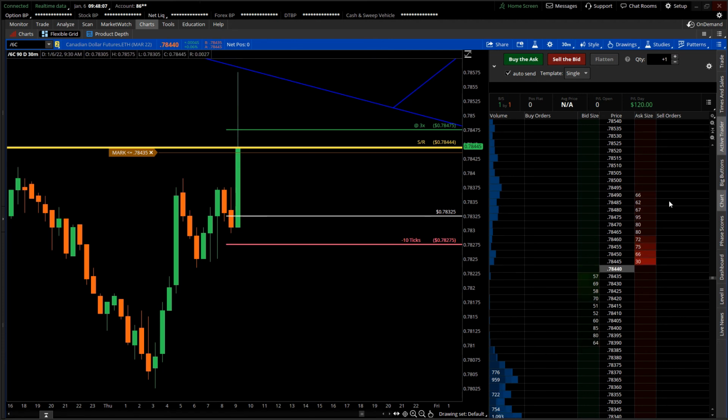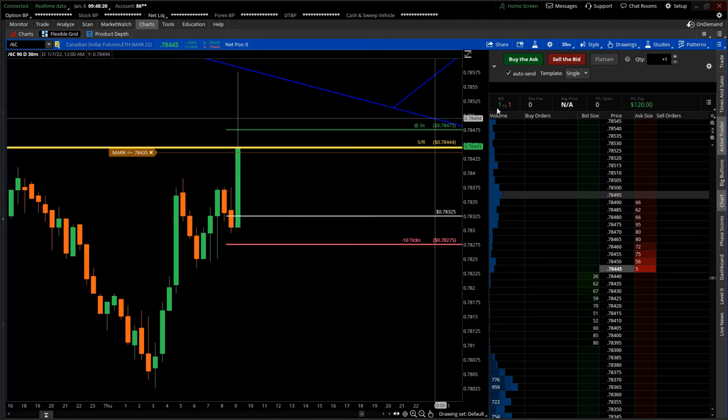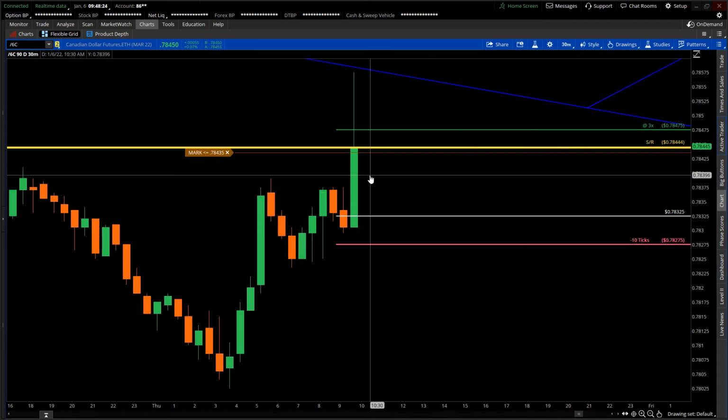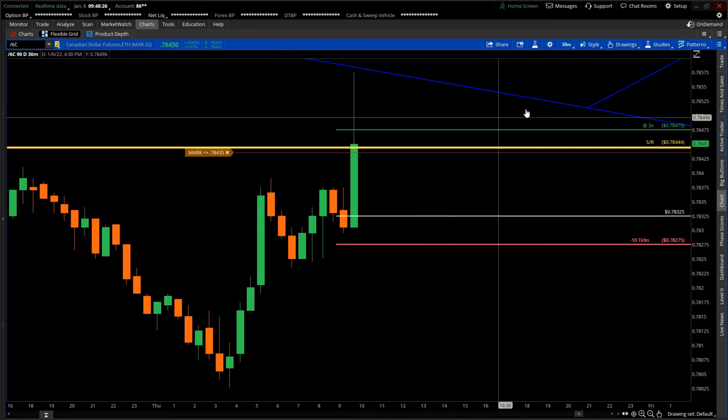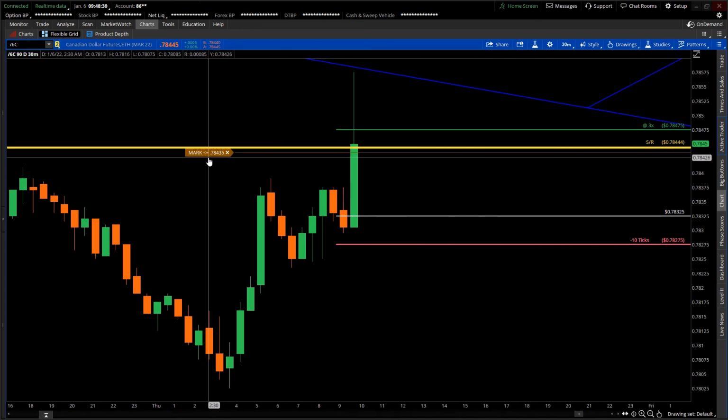But anyway, I was still able to capture $120 off an incorrect entry. Again, I entered too early because I was waiting for the breakout to occur here. But there's still time. Maybe there's another leg towards the upside, so I'll watch out for that. And then I'll still keep this alarm here.